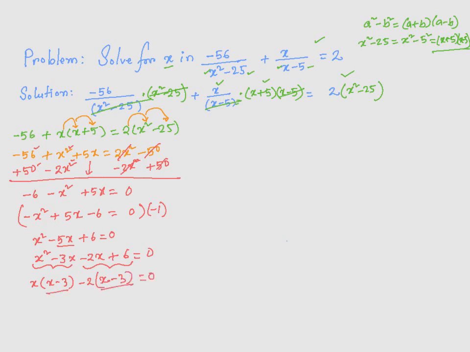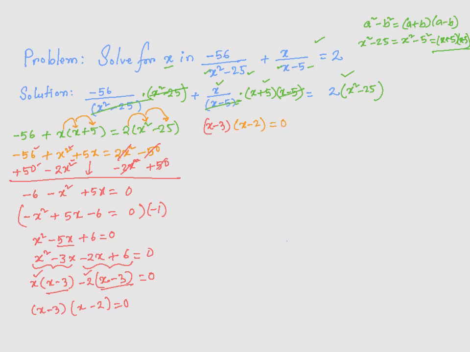I factored x minus 3 out. If I did that, in the first one I have x, in the second one I have negative 2, which is equal to 0. Now let me write it out here. You have two numbers, x minus 3 and x minus 2, and that's, by the way, equal to 0.